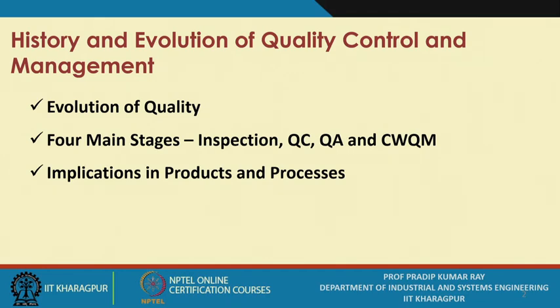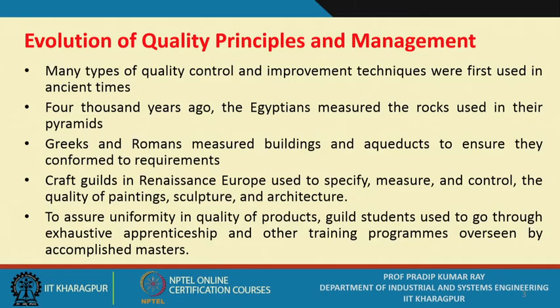So I've already mentioned that when we consider evolution of quality, we refer to essentially the evolution of quality principles and management style over the years, since maybe 4,000 to 5,000 years.